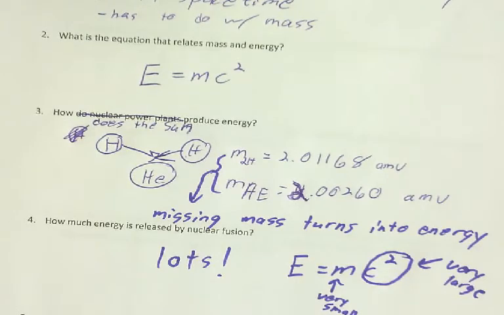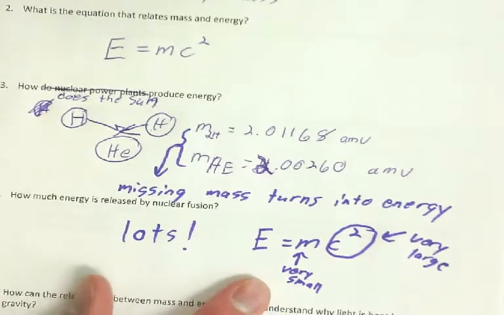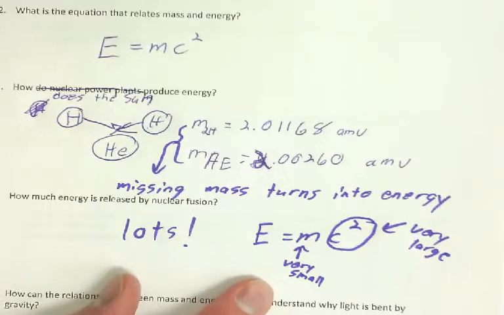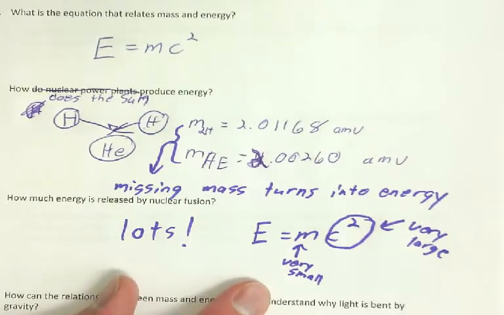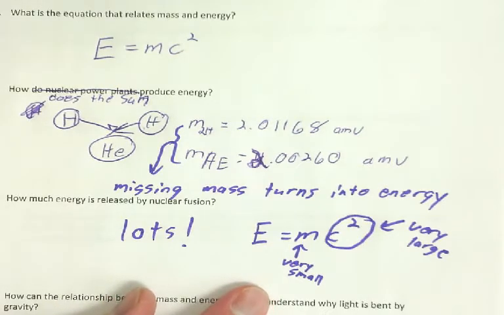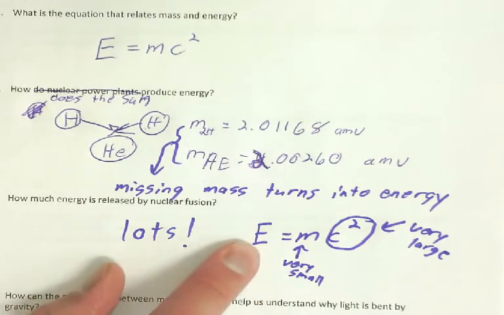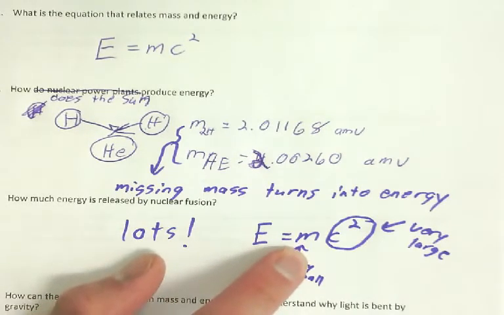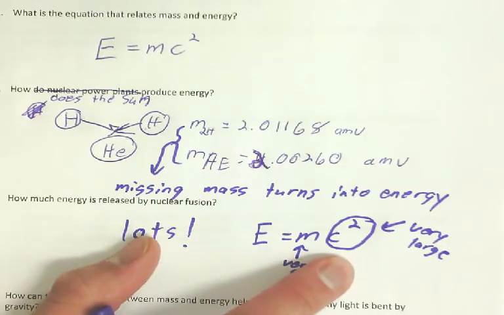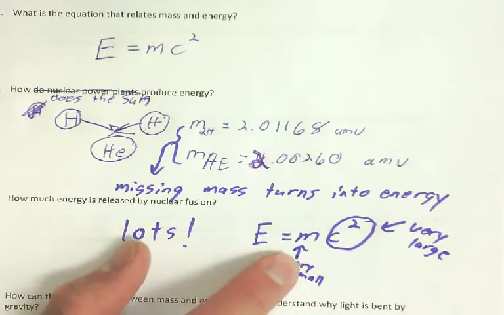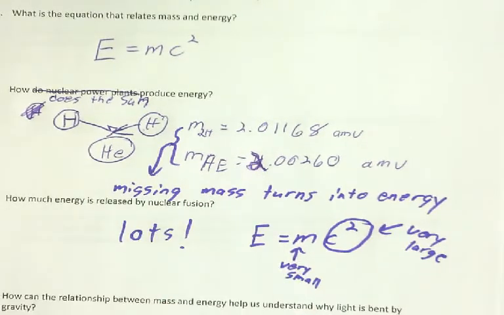So it ends up balancing it out. Now, it's still going to be a small number, but that's for one single reaction. In the sun, it's not one reaction. It's billions of reactions at once. That's why the sun is so hot and bright. Because this amount of E is based off of a huge mass change because of it happening so many times. And c squared is an enormously large number, which makes this small mass much more magnified.